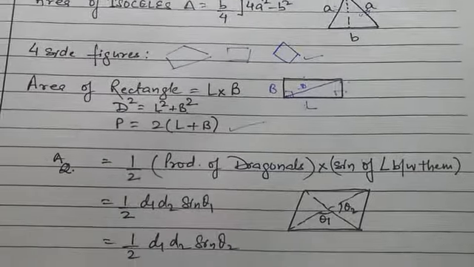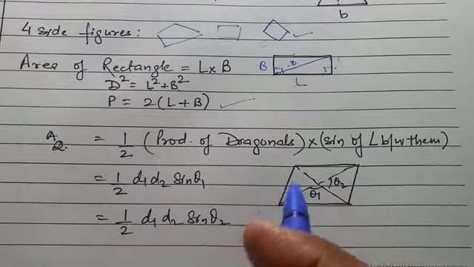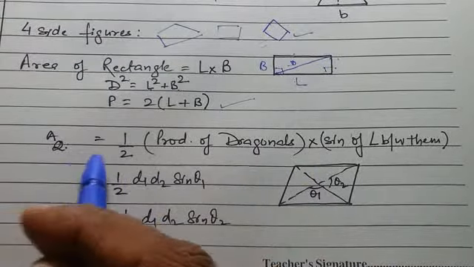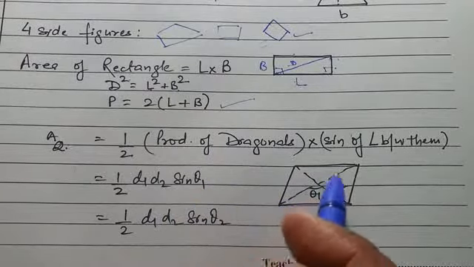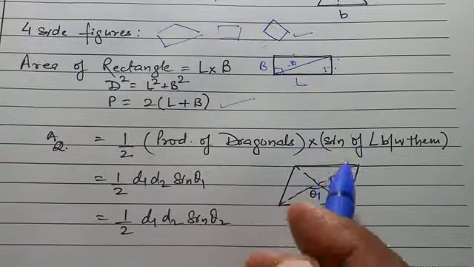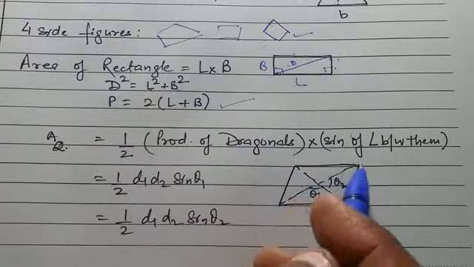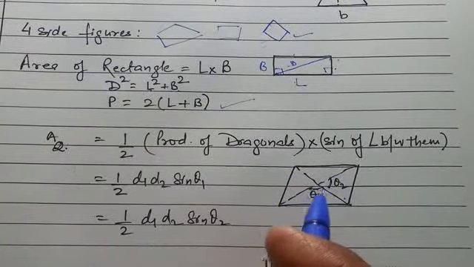Now coming to area in terms of diagonals. So this is the quadrilateral. Area for a quadrilateral is half into the product of diagonals. Let us say this diagonal is D1, this is D2. So it is half into D1 into D2 into sine of the angle between them. If I take these two diagonals, theta 2 is over here, and for these two diagonals, theta 1 is here.